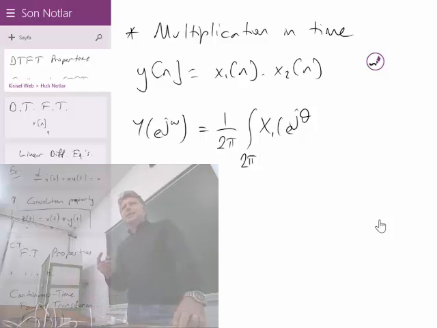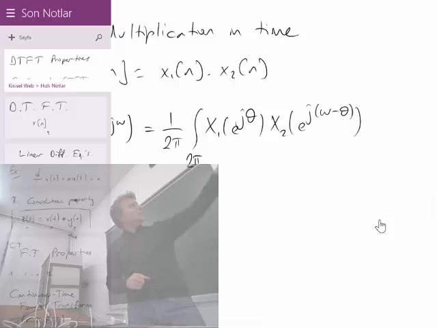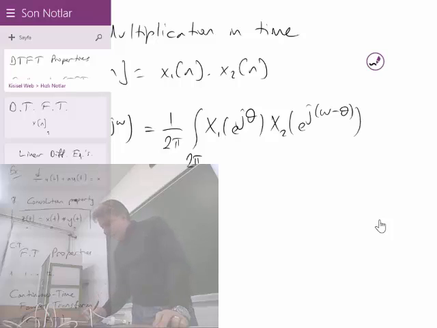It's not tau, it's theta, because it's more related with the angles and frequencies. So tau is more related to time, t and tau. Omega will be replaced by theta. That would be a better notation. And x2 of t minus tau, which is omega minus theta. But it is all written in the exponent because that's the notation. Okay, it's just due to the notation. This second term is nothing but X2 of omega minus theta. Okay, you can think of it like that. D tau is of course d theta now.